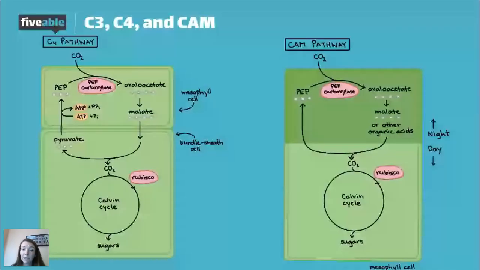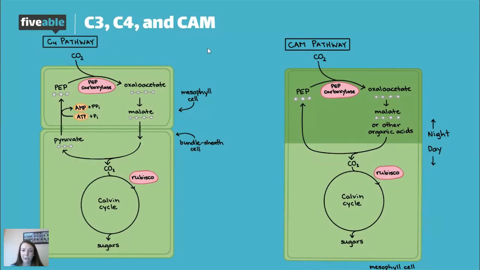CAM plants are really cool because they divide it by time of day. They only fix carbon at night, because that's when the stomata can open and there's less evaporation, less loss of water, because the sun's not out. Then they go through the Calvin cycle during the day. So they can keep their stomata closed during the day. They're not getting any CO2 in, but they don't need to because they've fixed all their carbon at night.